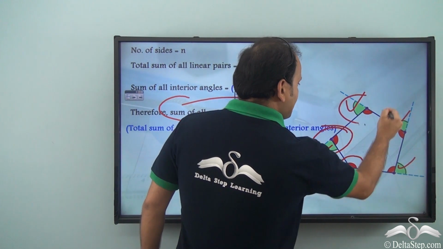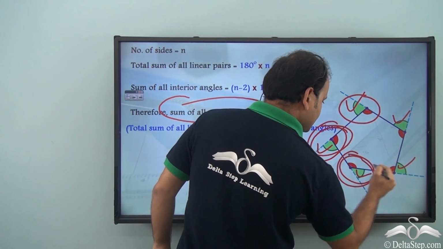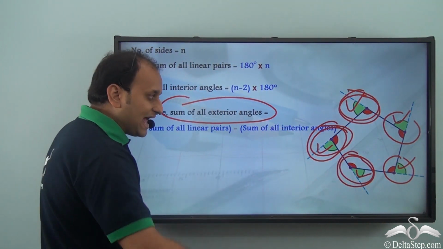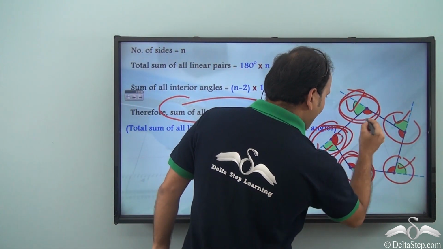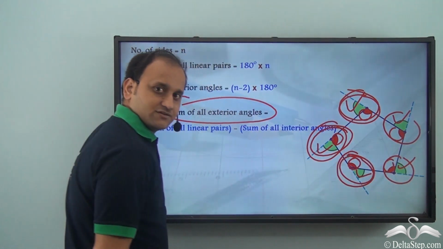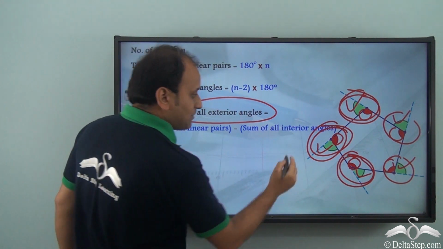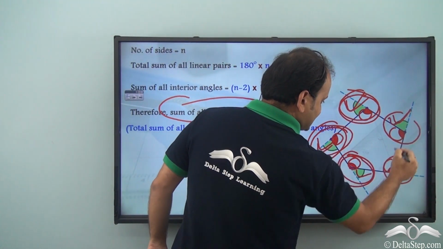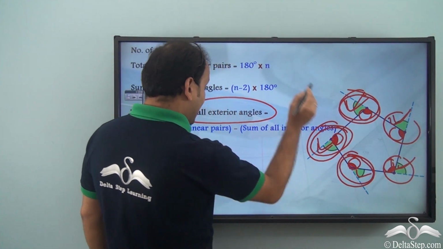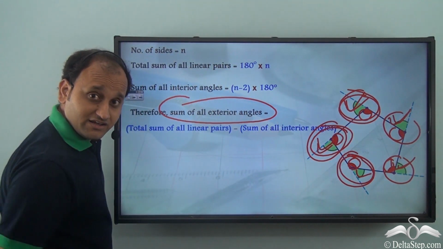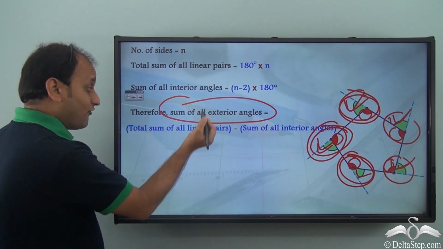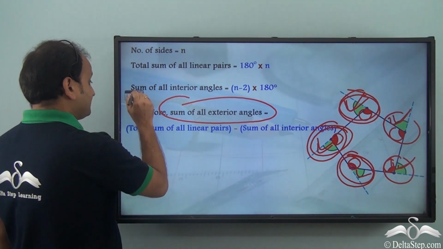So the sum of all the linear pairs is one value which we have, and from that, if we subtract the sum of all the internal angles, then what will be left? The value which is left is the sum of all the external angles, isn't it? So if we subtract the sum of all interior angles from the total sum of all linear pairs, then what we get is the total sum of all exterior angles.